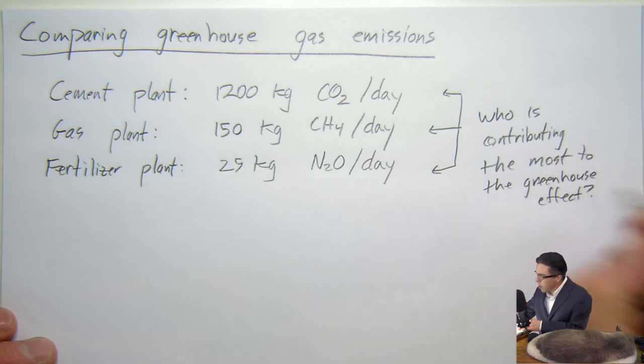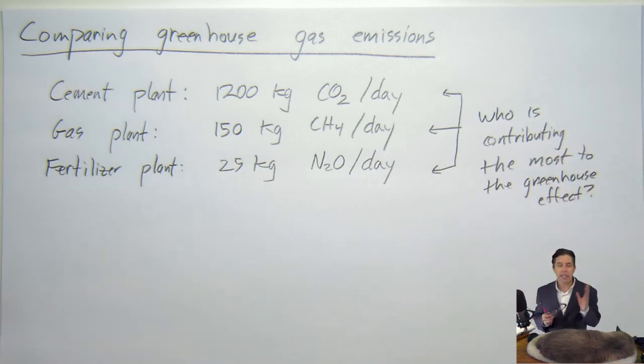What we said a few minutes ago is that we need the greenhouse effect to survive on the planet, but as humans we're adding more to it. Here we have three different outfits that are emitting greenhouse gases, but what we want to know is who's making the biggest contribution to the greenhouse effect through greenhouse gas emissions.